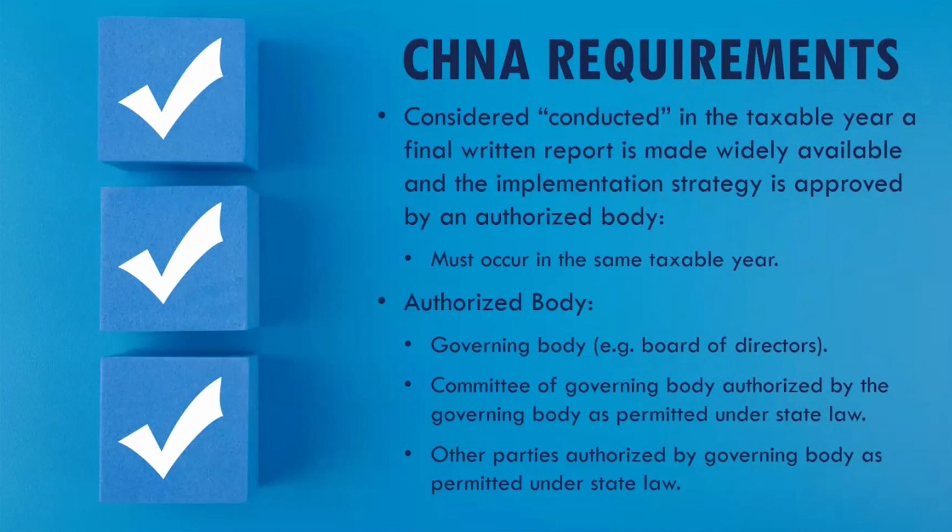And it means that it's the taxable year in which that report is made widely available and is approved by the authorized body. An authorized body typically is going to be your governing body.